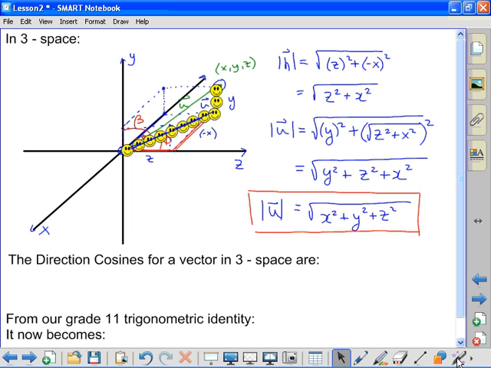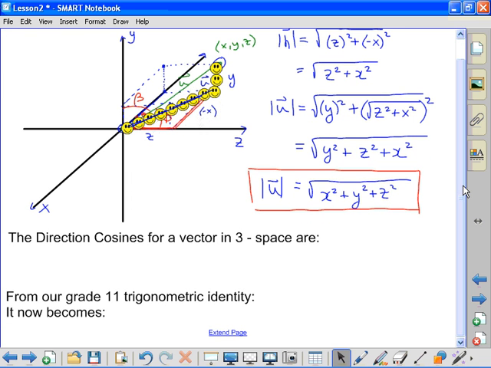The second component here is the direction vectors for a vector in 3 space. Direction vectors are tied back to those angles. And the nice thing is it's direction cosines. So everything's a cosine here. If you can follow along with that diagram, theta, which was the angle that the vector makes with the x-axis, would equal cos inverse of the adjacent length.